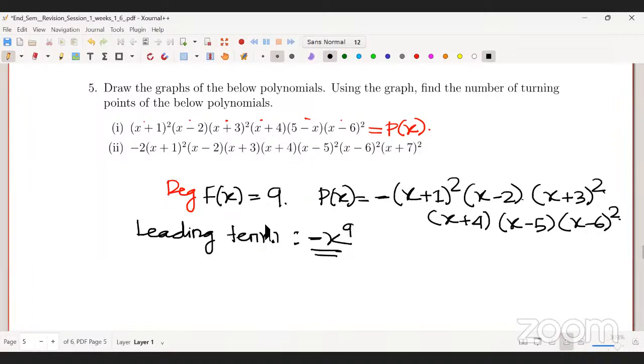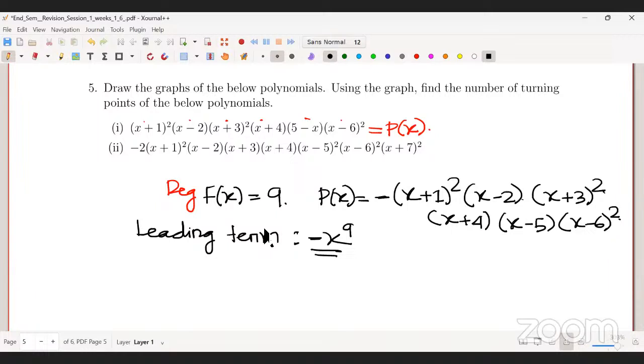So again, let me tell you. You need two things to draw the graph of a polynomial. The first thing you need is the end behavior, and the second thing you need is the roots of the polynomial.